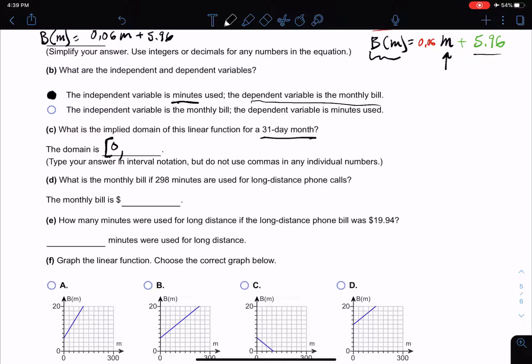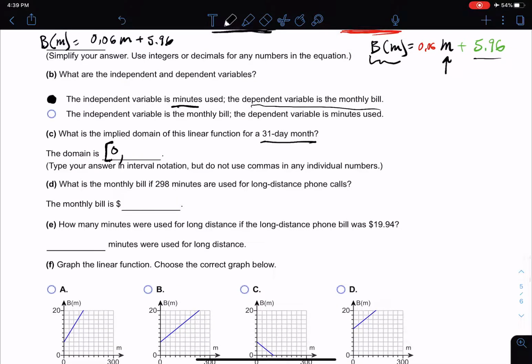Okay, so on some problems when you can't figure out the total minutes, you just have to say 0 to infinity like the last problem. But this one, they're giving us some clues here. What's the max amount of minutes you could actually use on this phone with this plan? Well, quite a few, if you have teenagers.